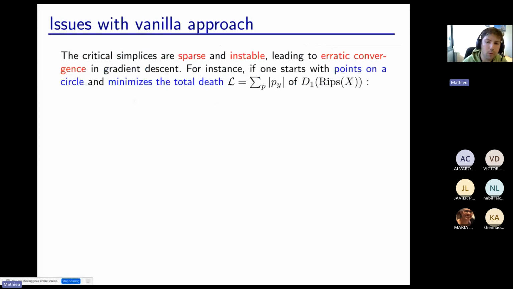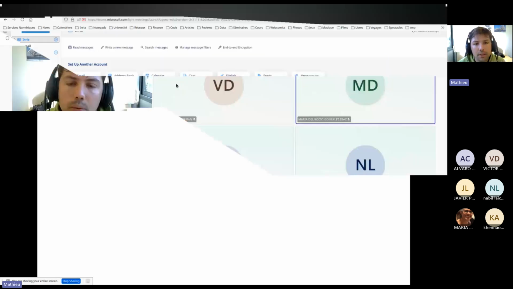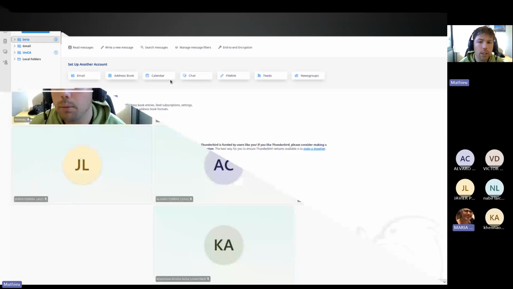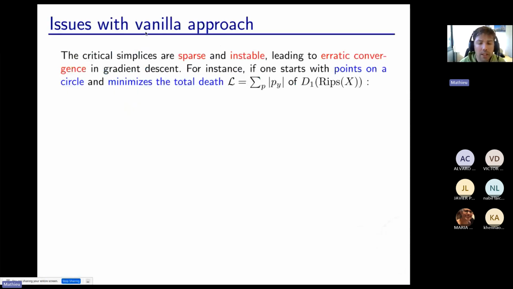And what I want to focus on now is the subject of the other recent paper that we wrote, on diffeomorphic interpolation, which deals with two problems associated to the scheme that I was showing, which I will call the vanilla gradient descent, where you just use the critical simplices. The problem is that gradient descent based on this tends to be sparse and unstable.